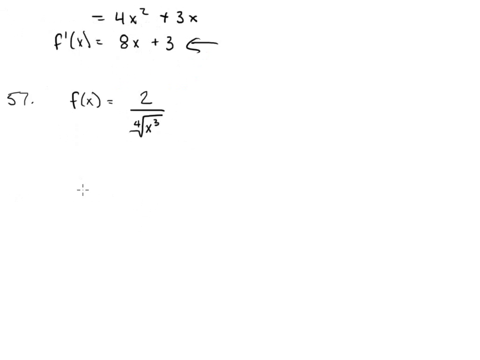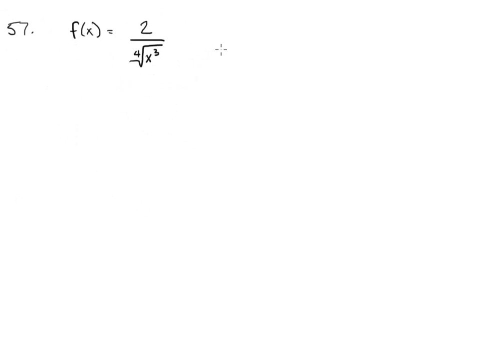Alright, number 57 says to find the tangent line as if f of x is equal to 2 over the fourth root of x cubed, when the function goes through a point of 1, 2. And the way they get 2 is they put the value of 1 into the function.